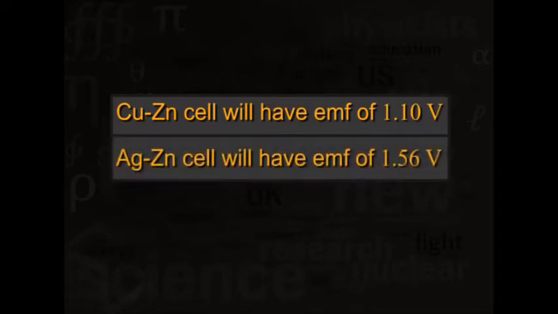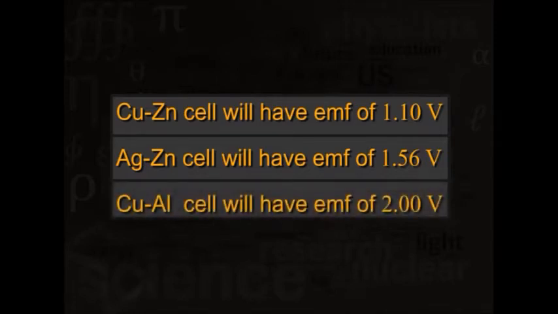Thus, a typical copper zinc cell will have the EMF of 1.10 volts, whereas silver zinc cell will have the EMF of 1.56 volts and the copper aluminum cell will give you the EMF of 2.00 volts.